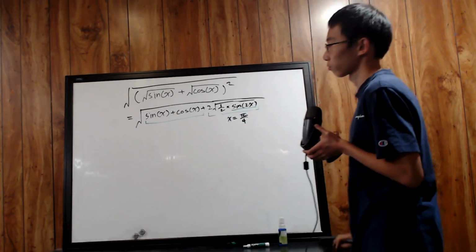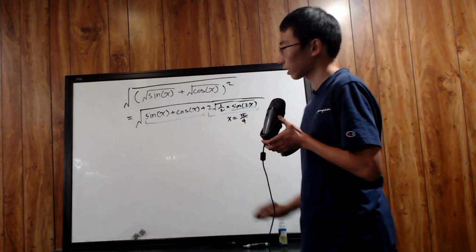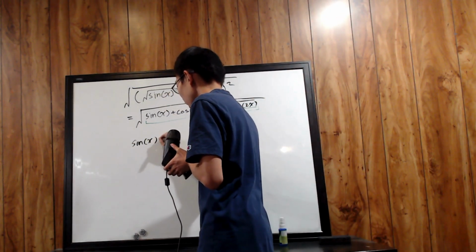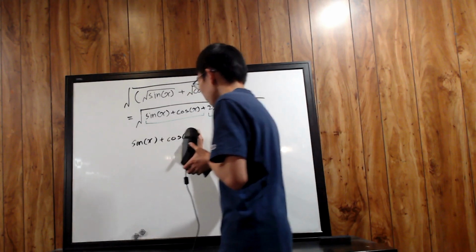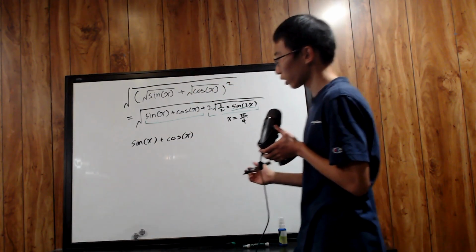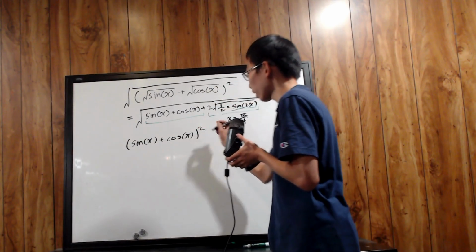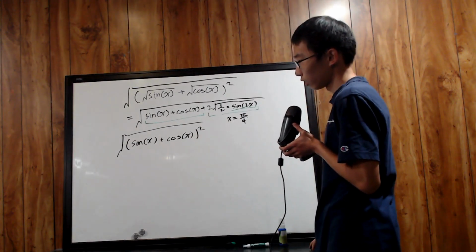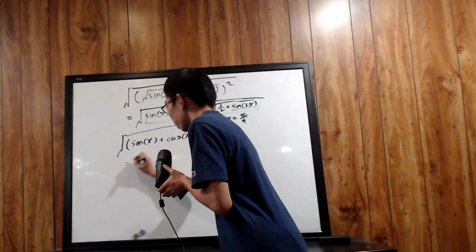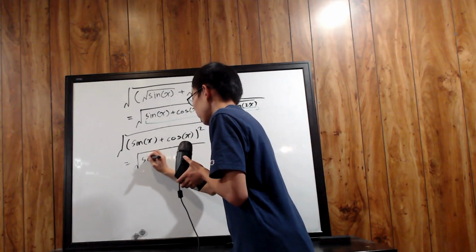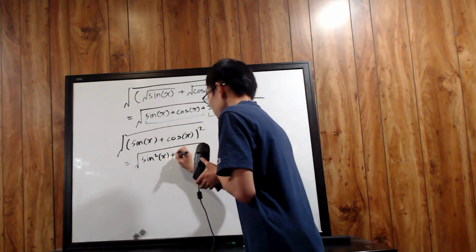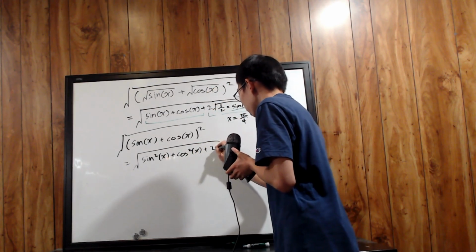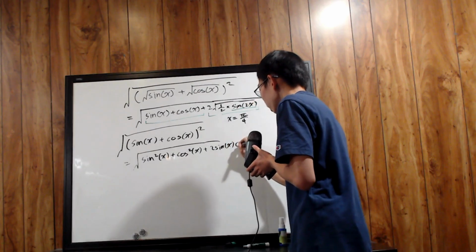But what about this one? How do we get the maximum value of sine x plus cosine x itself? This one is actually not that hard. We can use the same trick of writing this as the square of this expression and then just taking the square root back. It's the same thing. Now we can again expand inside the brackets. So you get sine squared x plus cosine squared x, and then plus 2 sine x cosine x.